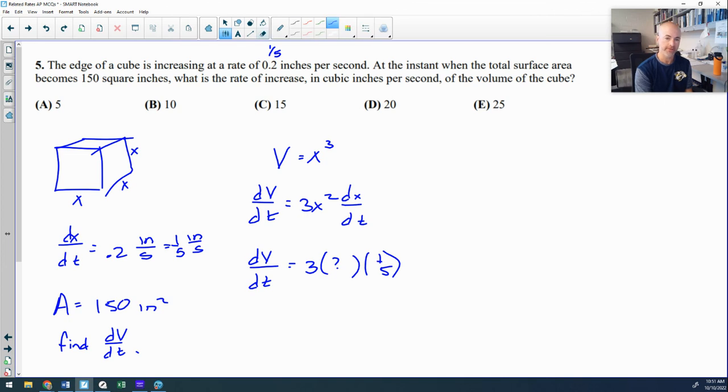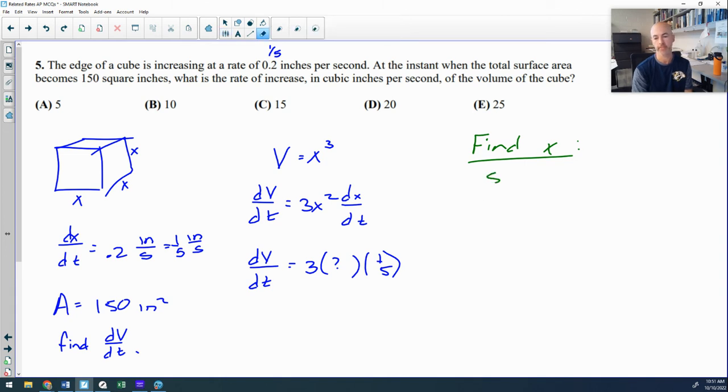we typically, and I've said this before, we typically go back to your original formula, volume is x cubed, and substitute something to find x. However, in this case, we can't do that. And we are going to use the fact that we know the surface area is 150 and the surface area of a cube, well, each side is a square and there are 6 squares and each one is x by x.